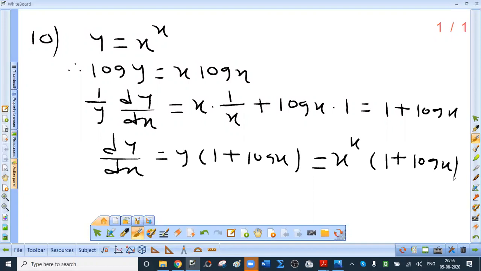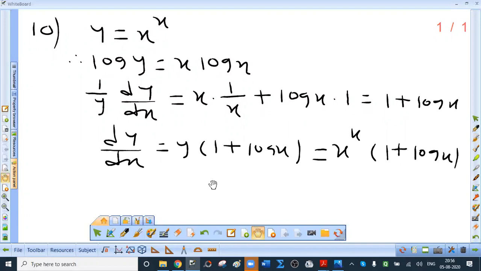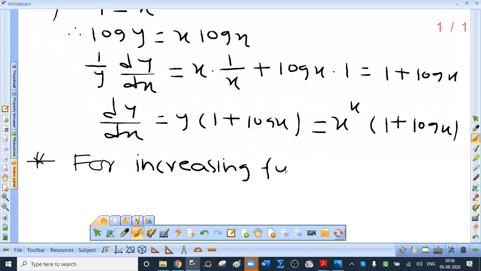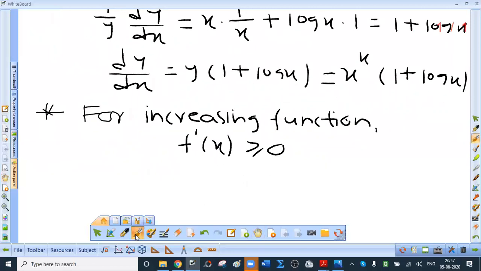Now for increasing function, f dash of x greater than or equal to 0. Okay, greater than or equal to 0. They haven't said strictly increasing. So greater than or equal to 0.